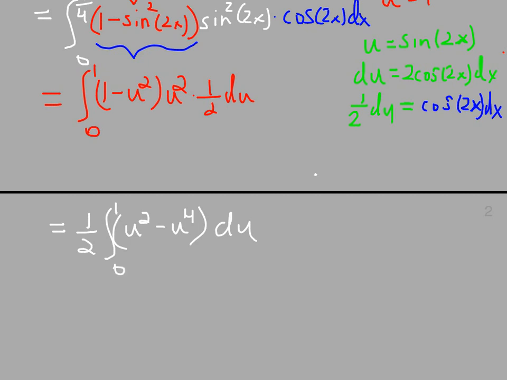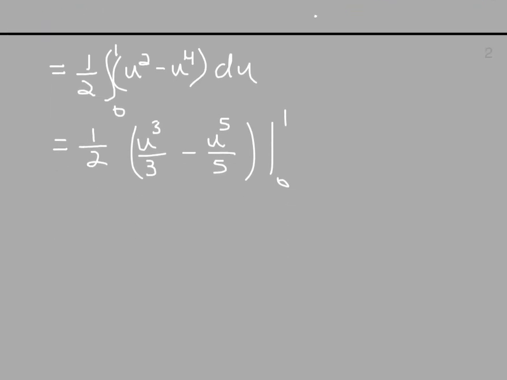So we're going to have u cubed over 3 minus u fifth over 5 evaluated from 0 to 1. And that works out nicely that we switched limits.